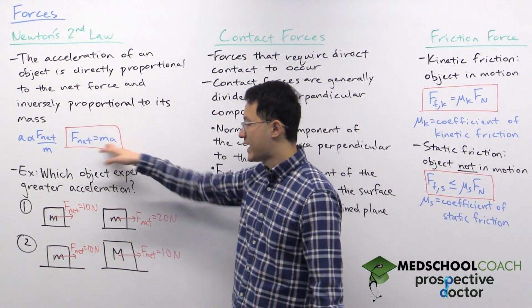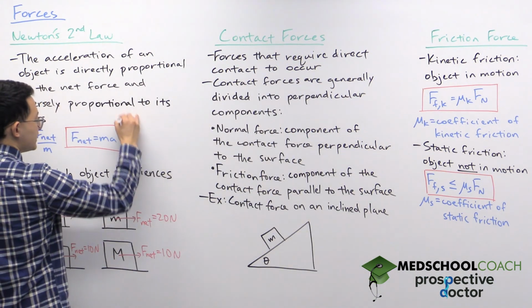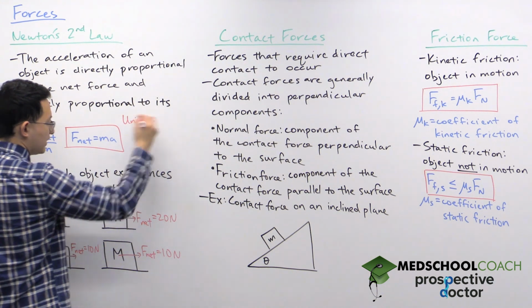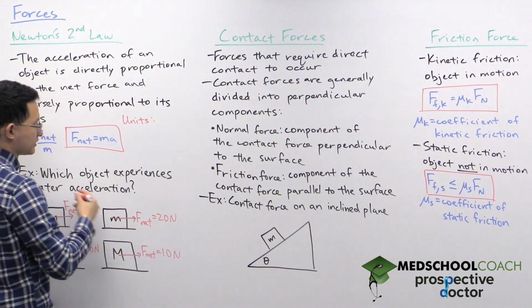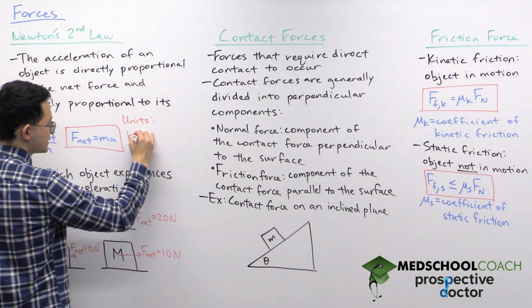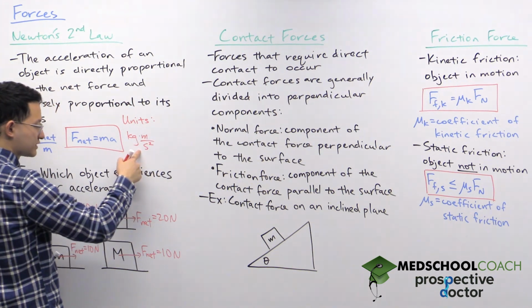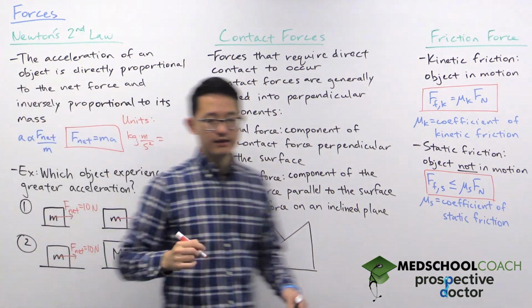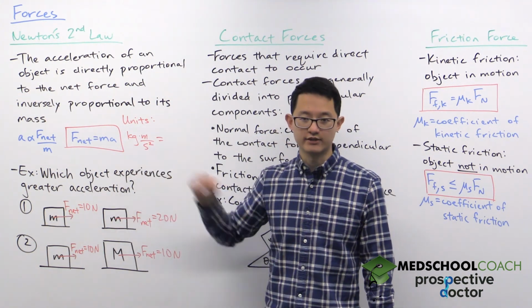We can see here it's mass times acceleration, so the units are going to be given by the product of mass and acceleration. We know that mass is in kilograms and acceleration is in meters per second squared. This tells us that the units for force are kilogram meter per second squared.